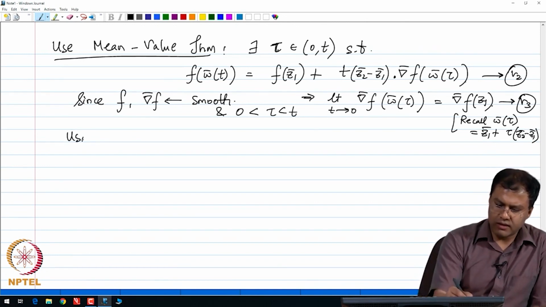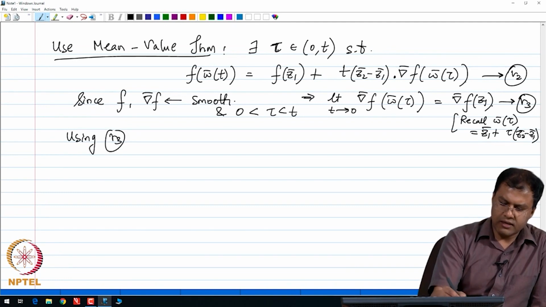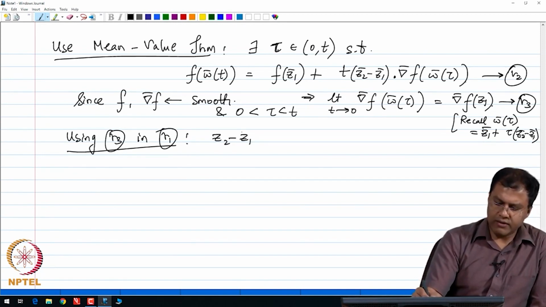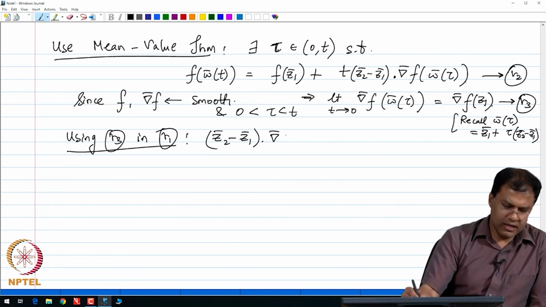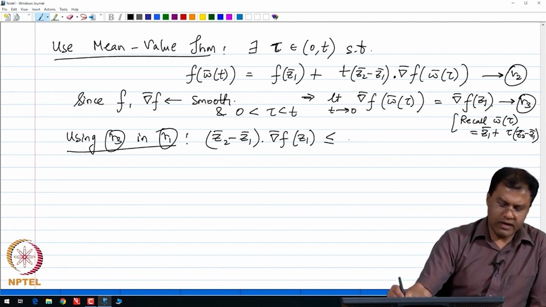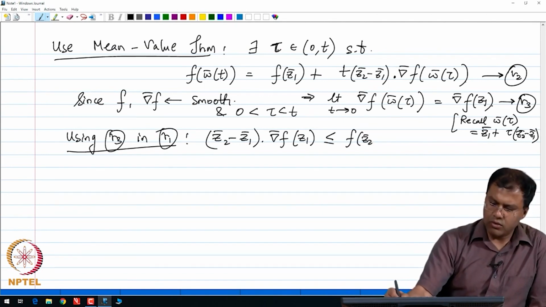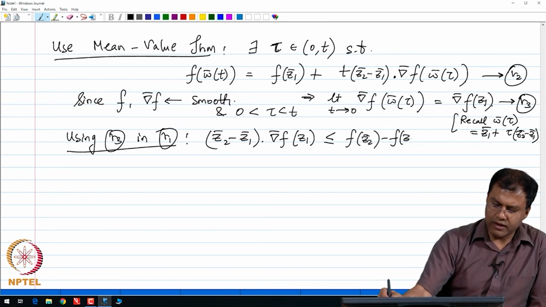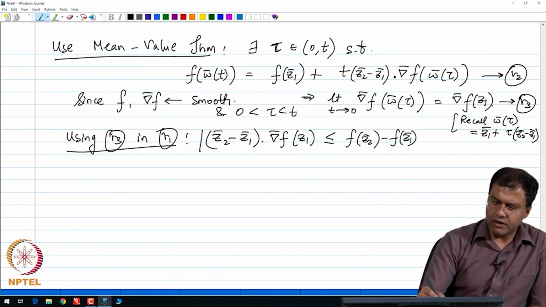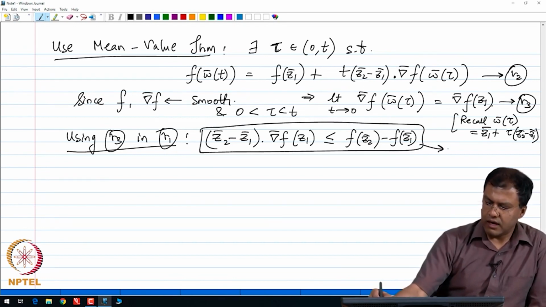So, using R3 in R1, the inequality, I arrive at the following relation: (z2 minus z1) dot product with grad of f of z1 is less than or equal to f of z2 minus f of z1. Now, this particular result, let me call this my result R4.